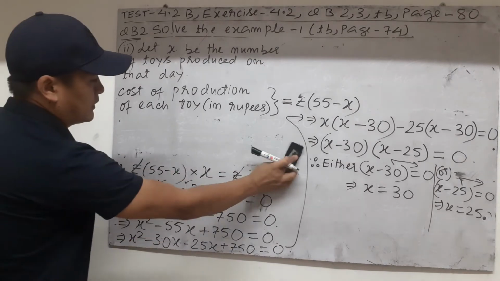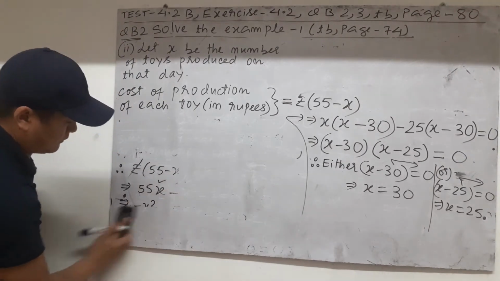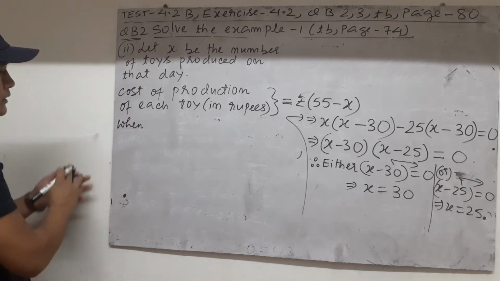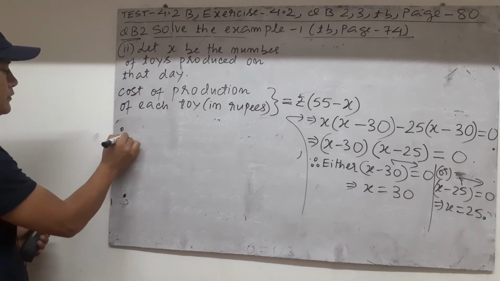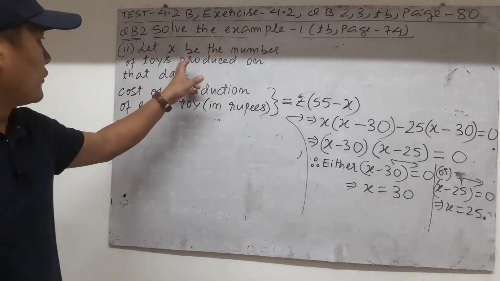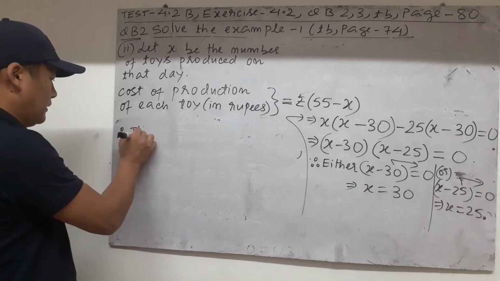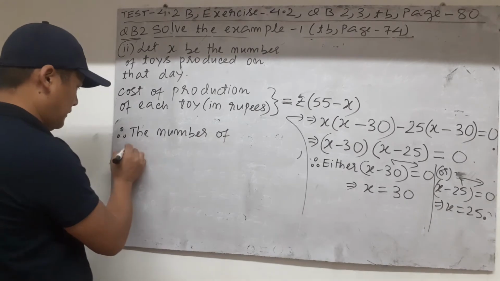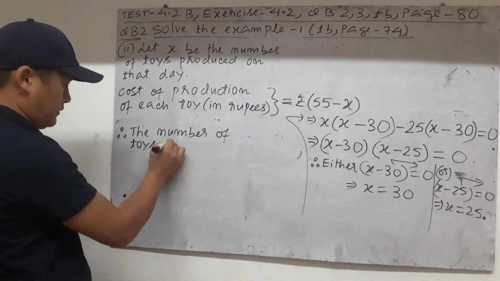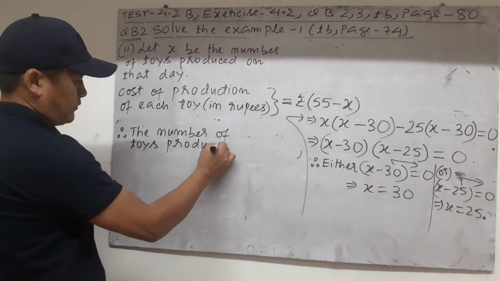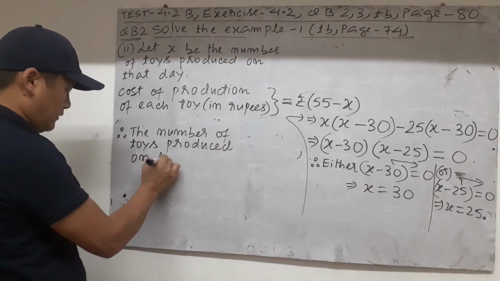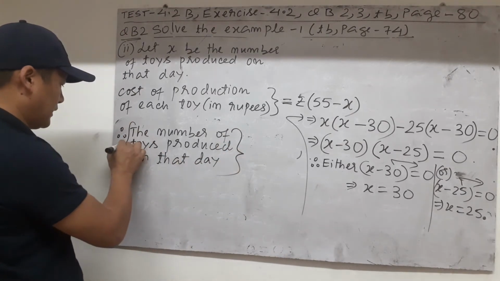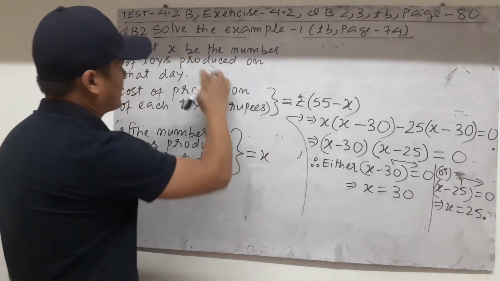I think we won't be needing this, so I'll just write it out. So next, okay, so there are two answers. So therefore, the number of toys produced on that particular day, which the question is asking us to find, is equal to x.